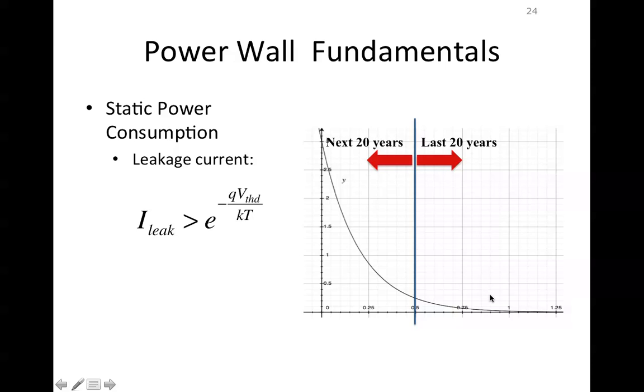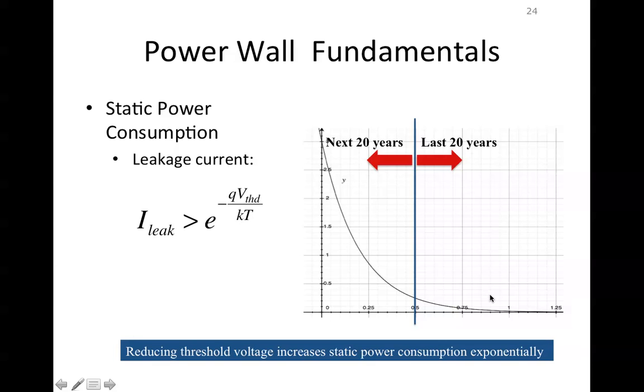But the projection is that in the next few decades, or let's say the next 20 years, we're going to see a huge acceleration of leakage current if we decide to reduce the threshold voltage. Okay, so reducing threshold voltage increases static power consumption exponentially.